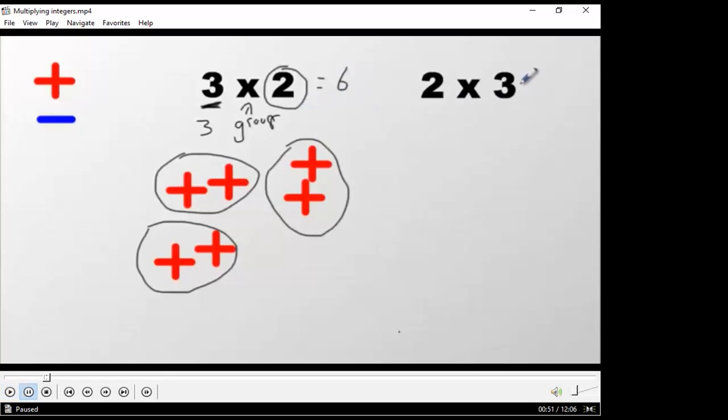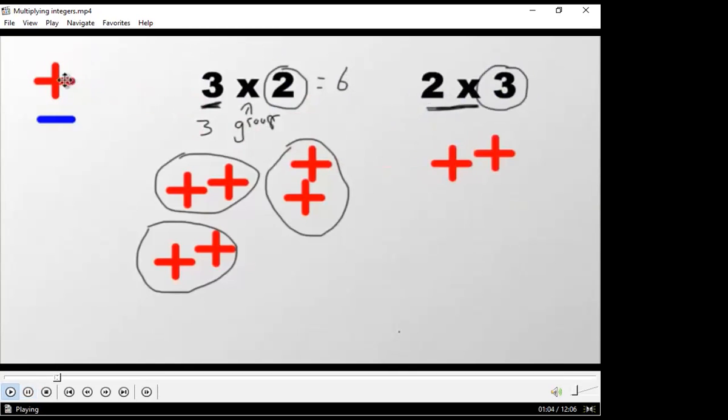Could anyone help me to translate 2 times 3? How many groups do we have in this question? 2 groups. And in each group, we have 3. Positive or negative 3 integers? Positive. Then we take 2 groups, and in each one I fill 3 positive numbers.